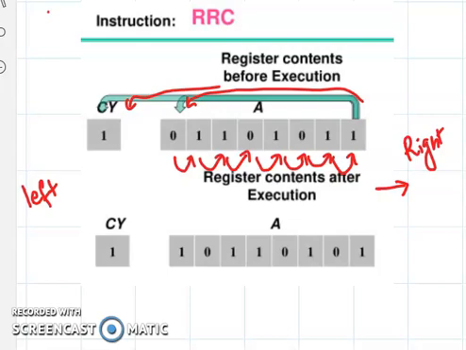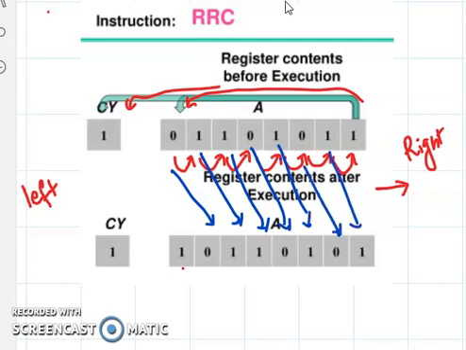So here, after executing this instruction, we'll get a result like this, right? This one is copied to this position, and 0 is shifted to this one. See the difference here, this 0 here, this 1 here, and this 1 here, this 0 here, and this is 1 here, and this 0 here, this 1 here, and this is again shifted to this position.